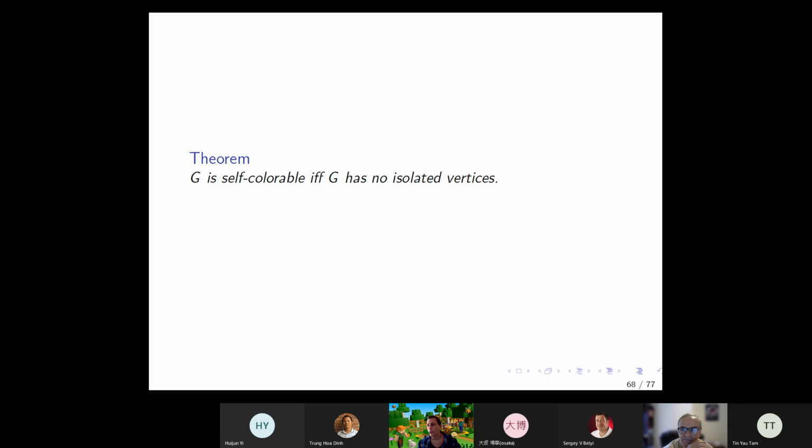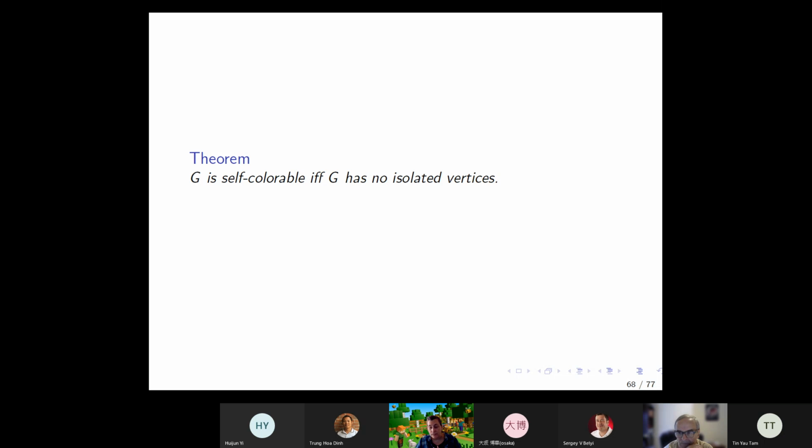Okay, buddy. So G is self-colorable if and only if it has no isolated vertices. We're not going to require that the graph is connected. Not necessary. We're still going to keep it simple, but just no isolated vertices. So we're very much broader than we were with our original open neighborhood question, where the graph had to have a spanning subgraph of cycles and single edges. This, we're not even requiring that much.